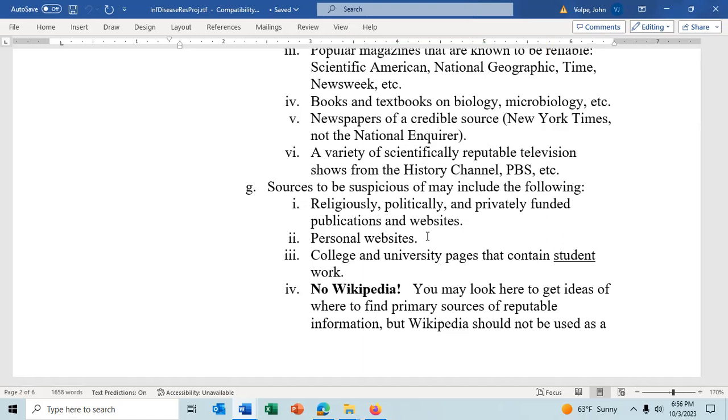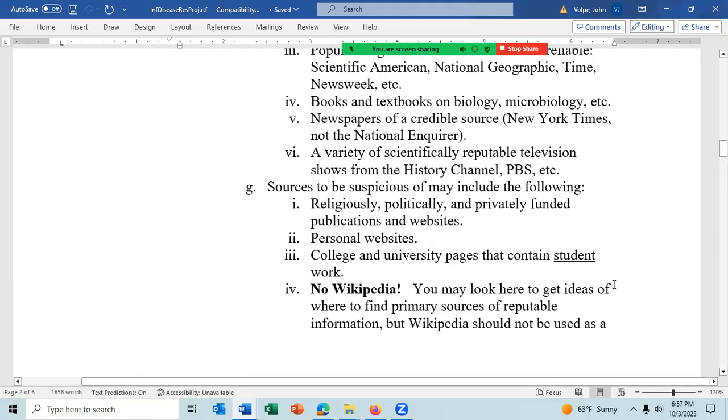You should not use Wikipedia. You may look on Wikipedia to get ideas and where to find sources, but do not use Wikipedia as your reference. You can use Wikipedia to get started on the project and then use their references to support your statements. Wikipedia should not be used because it can be changed at any time by any person.